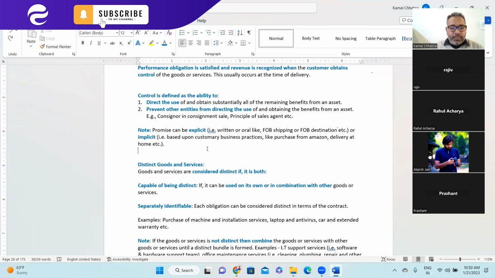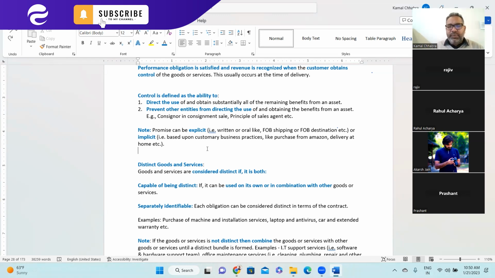So the objective of putting this consignee and agent example is that they are not the owner, they do not hold the control. They have possession of the goods or services, but they are not the owner. They do not hold the control, right? Make sense? Yes, sir.